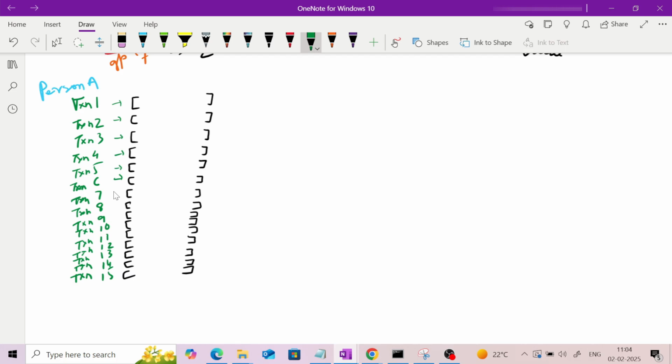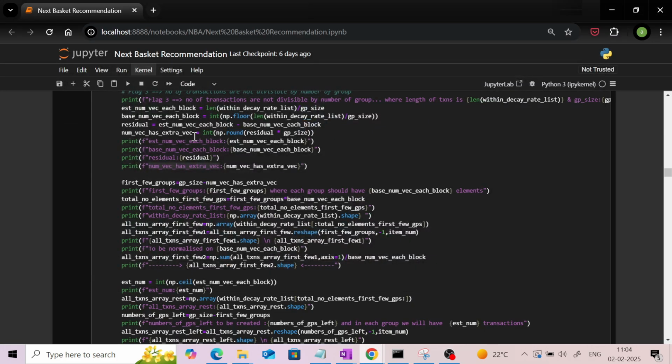So what we are doing over here is we are calculating few of these things, like the estimated number of vector in each block, base number vector in each block. So that basically says like overall we can adjust like 2 transactions in each group or in each fractures. So let's see how it unfolds.